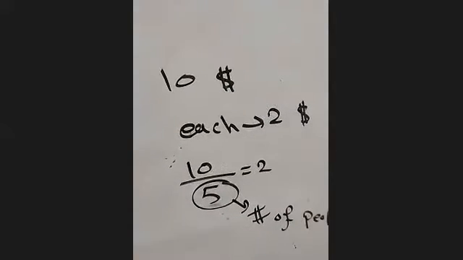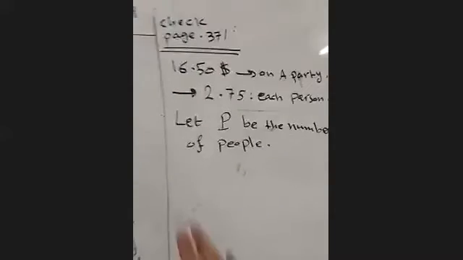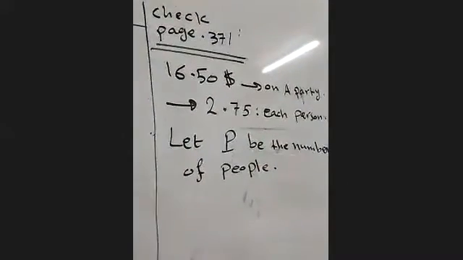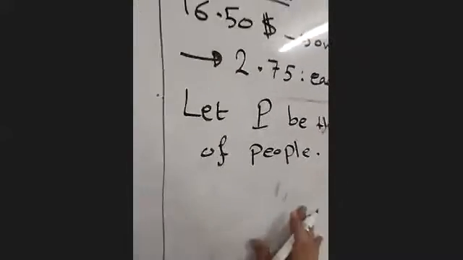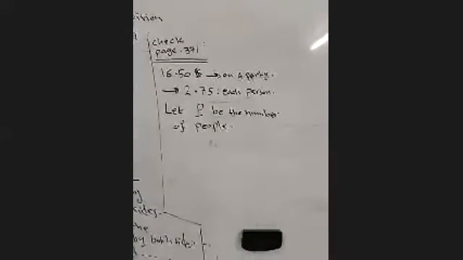So let's go back to our question there. In total, we have $16.50 and each person will get 2.75. Who can give me the equation to know how many people we have? Yusuf.